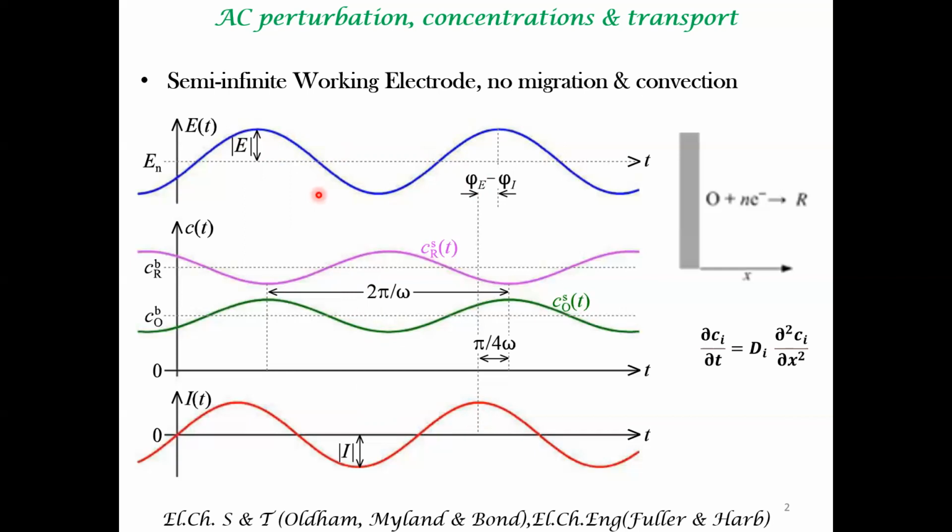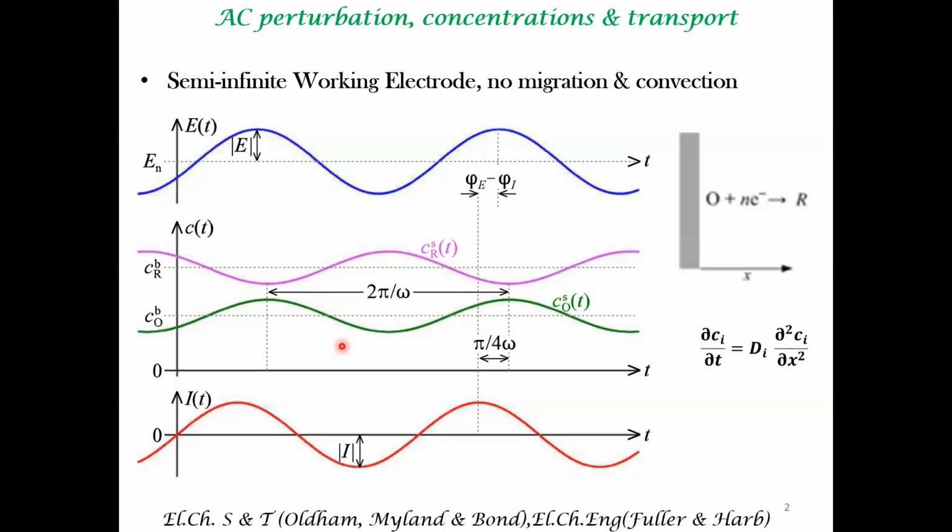So using these features, that is the features of transport, that is there exists a mass transport boundary layer and these periodic variations, we want to derive certain impedance structures.